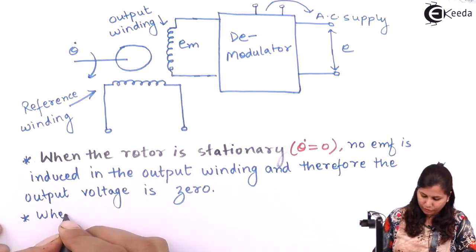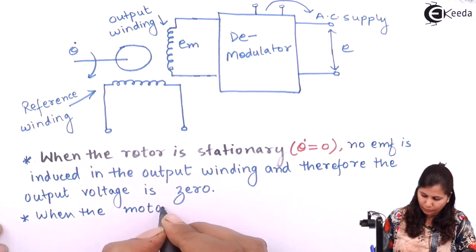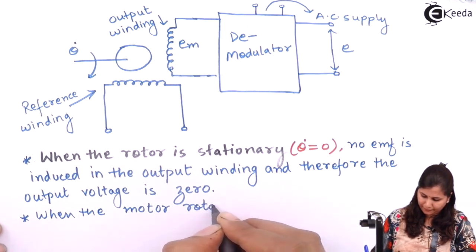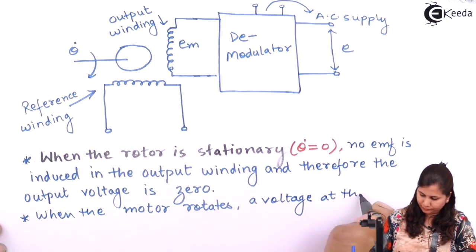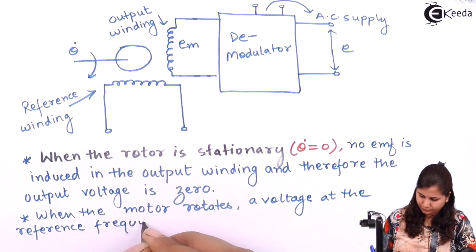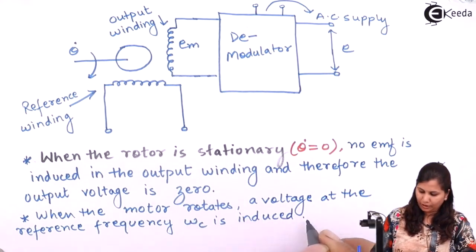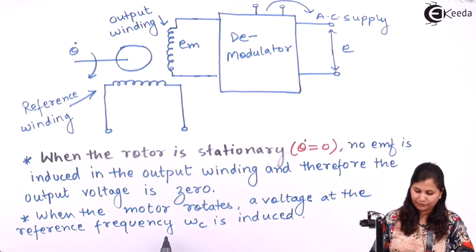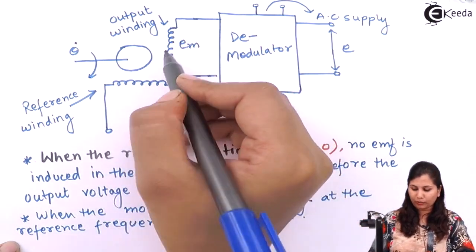Now when this rotor starts rotating, then EMF will be induced in the output winding, and due to this induced EMF we will get an output voltage. So when the motor turns or rotates, a voltage at the reference frequency omega c is induced in the output winding.